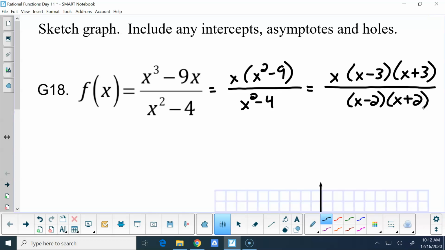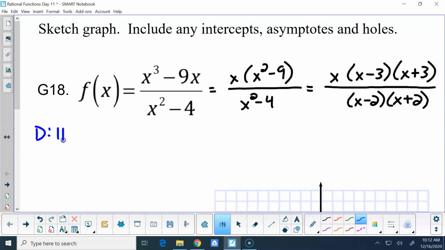So step 0 says we need to simplify, right? And nothing simplifies out of it. Even when I get it all the way factored down, nothing's going to cancel out. Okay? So we can go on with what we need to do. Step number 1 says find the domain.